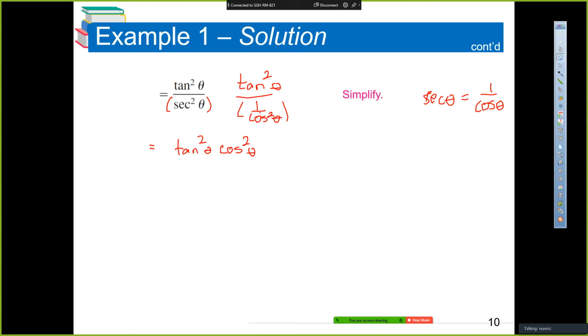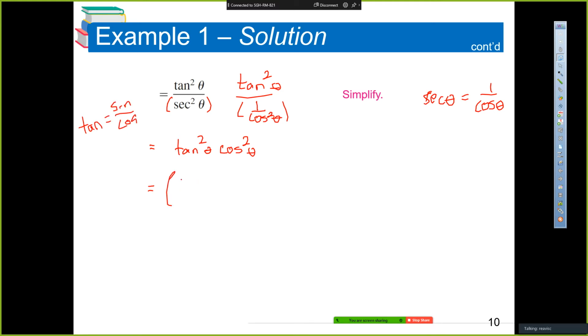All right, now what could I possibly do? Well, tangent, I know tangent is sine over cosine, and I'm needing to get to a sine. So that would bring a sine into my problem. So notice what I'm going to do is replace tangent, because the tangent is equal to sine over cosine.